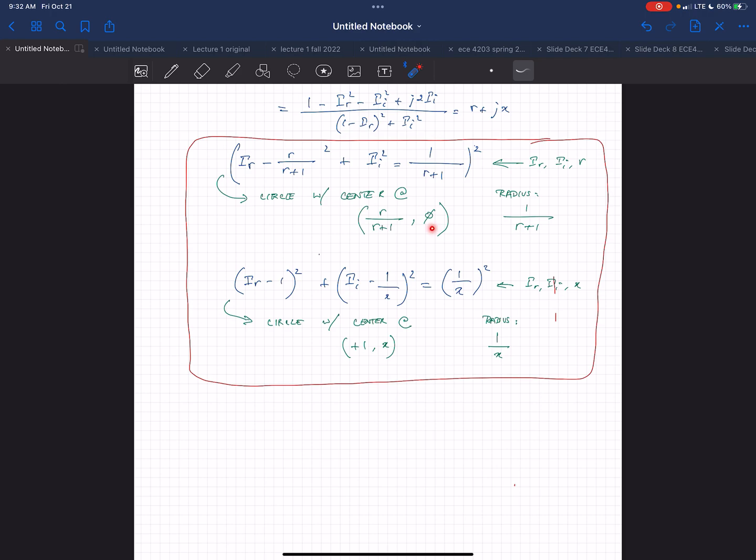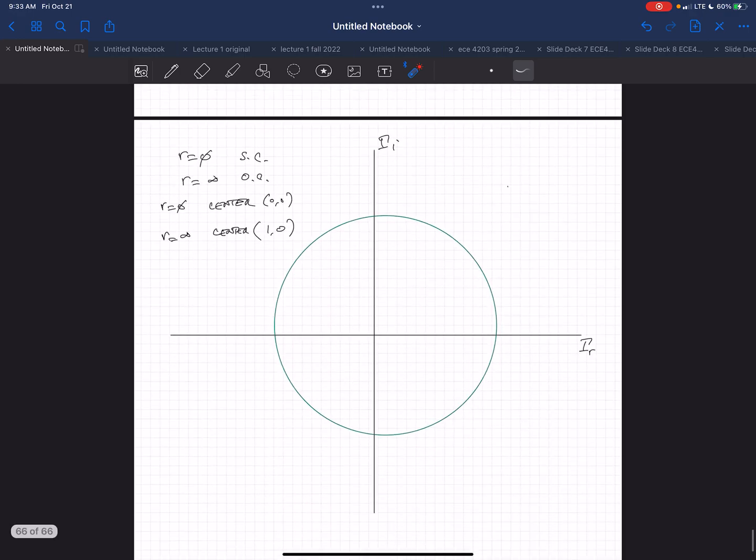And then the other place is going to be 0, so it's going to be at 1, 0. And the radius is going to be 1 over infinity, or 0. So that's going to be like a circle sort of centered around here, but it's going to have 0 radius. Just going to be a dot.